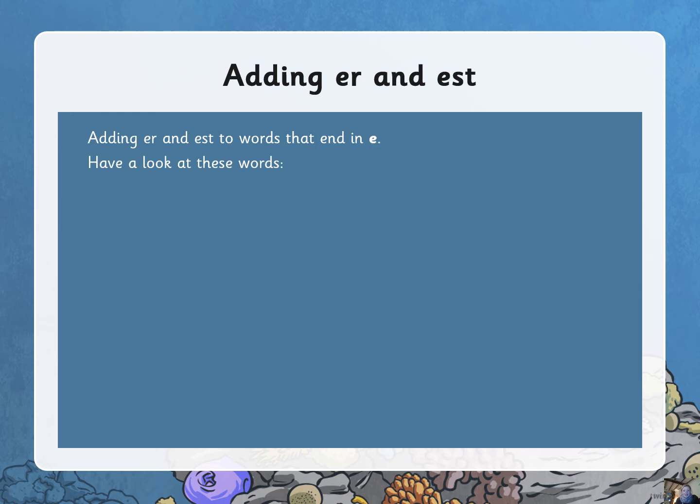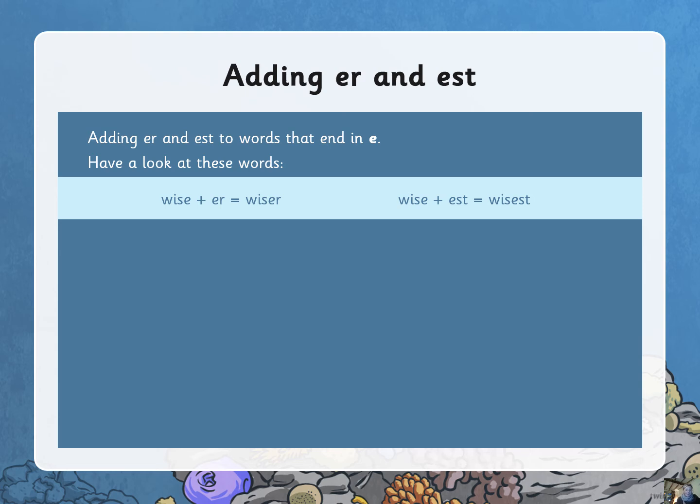Let's have another look at another spelling rule. Adding er and est to words that end in e. Let's have a look at these words and see if you can remember the same rule as adding ed. So wise becomes wiser and wise becomes wisest. Can you see what's happening? We just add the er, but we need to drop the e.